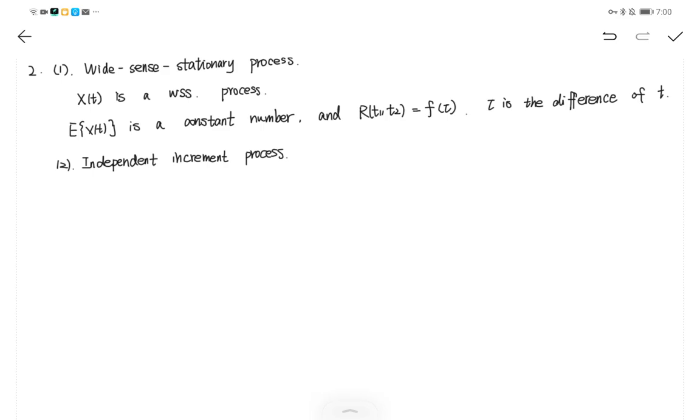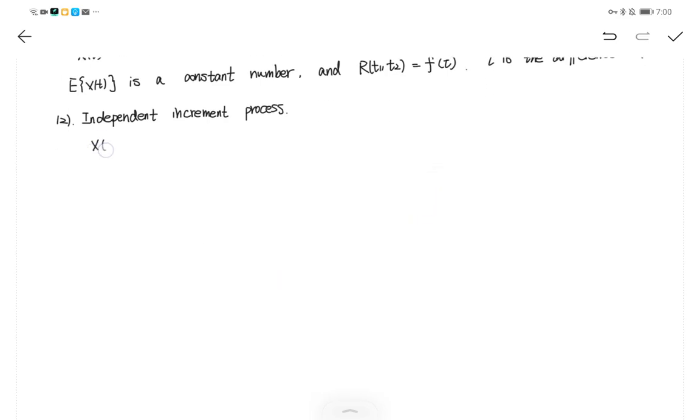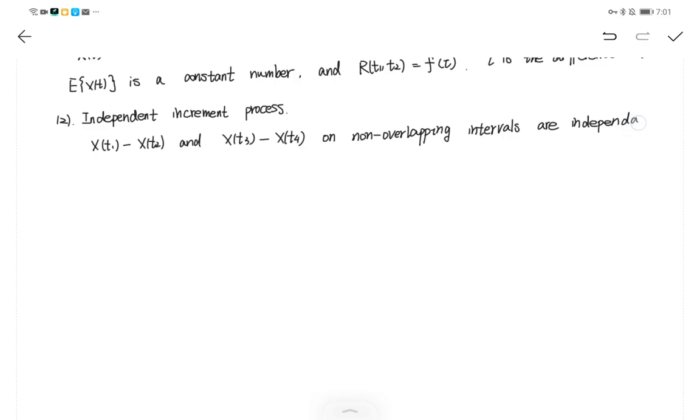Independent increment process means xt1 minus xt2 and xt3 minus xt4 on non-overlapping intervals are independent.